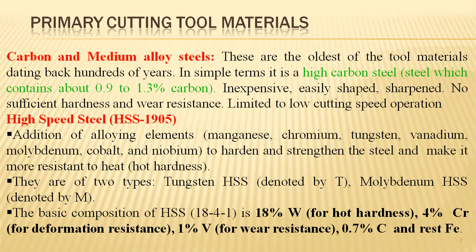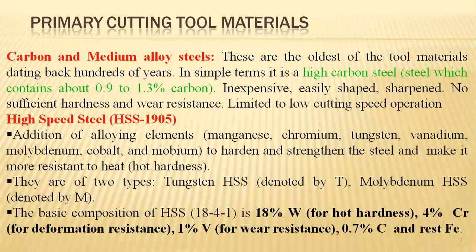Coming to the HSS material of the 1905 series, alloying additive materials such as manganese, chromium, vanadium, and molybdenum are added to the HSS, which provide strength to the existing material.